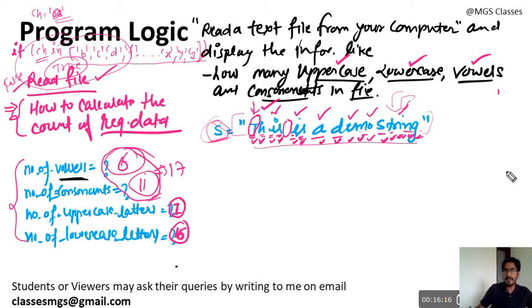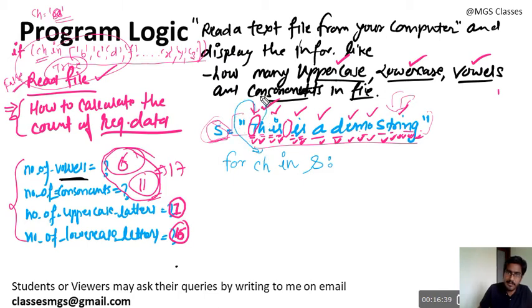Now I am writing here. I am taking my pen back. What we will do is iterate over this first, character by character. This can be done using a for loop: for ch in, we pass this string here. Then it will fetch one character at a time from the string and put it into this variable ch.